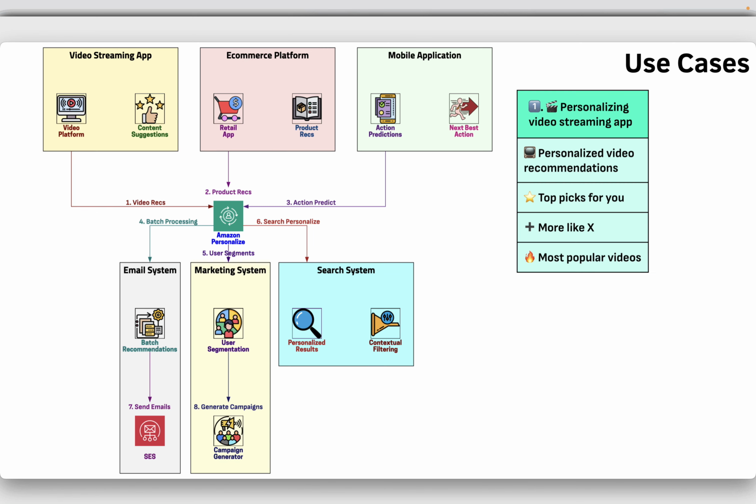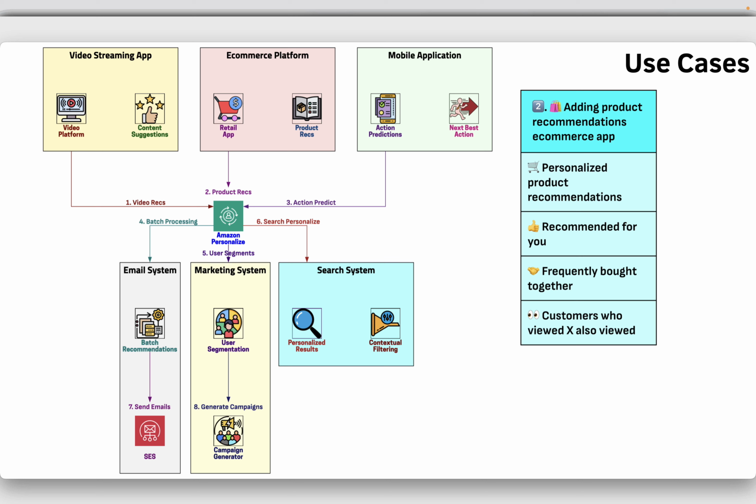So Amazon Personalize use cases. So first is personalizing a video streaming app. You can use pre-configured or customizable Amazon Personalize resources to add multiple types of personalized video recommendations to your streaming app. For example, top picks for you, more like this item, and most popular video recommendations. Next use case is adding product recommendations to an e-commerce app.